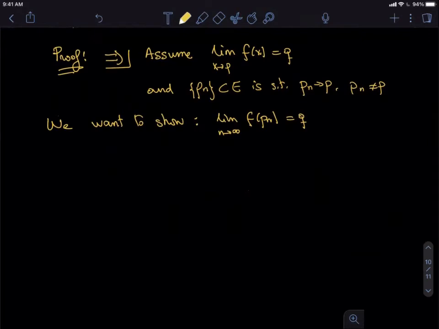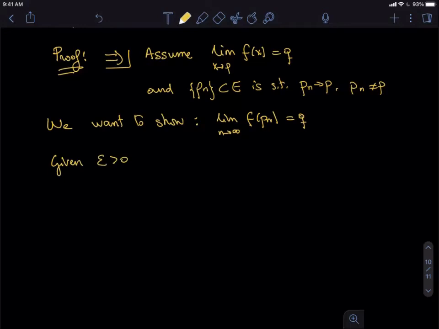So in the definition of convergence for a limit of a function, and also in the limit of a sequence, the epsilon has a prominent place, right? So first thing we need to do is to take some epsilon, okay?